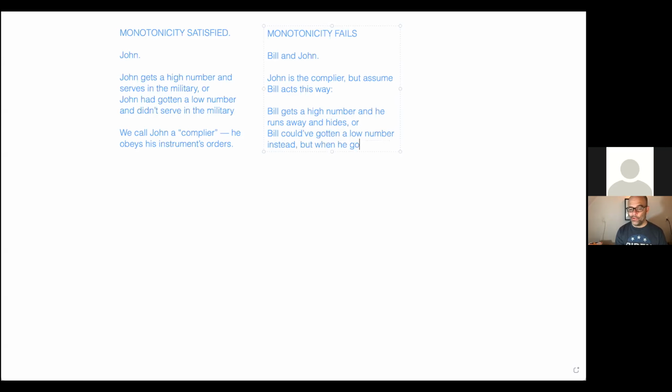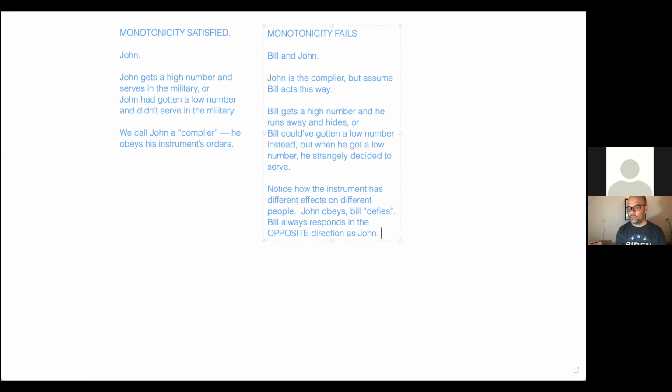But when he got a low number, he strangely decided to serve. Notice how the instrument has different effects on different people. John obeys, Bill defies. Bill always responds in the opposite direction as John, right?